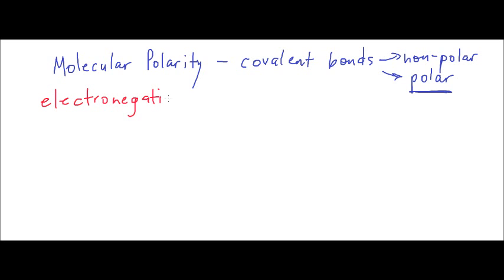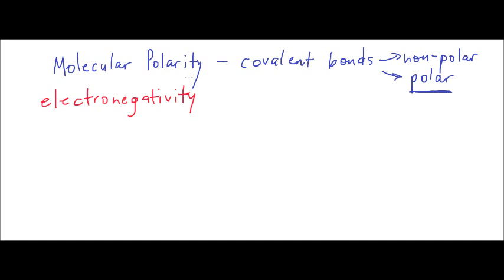I've spoken about this in a previous video, but we're just going to look at polar molecules with regards to this video, which steers a little bit in a different direction from what I've already created. When we're talking about electronegativity, we're really looking at how strongly an atom will hold on, let's say, to an electron, right?